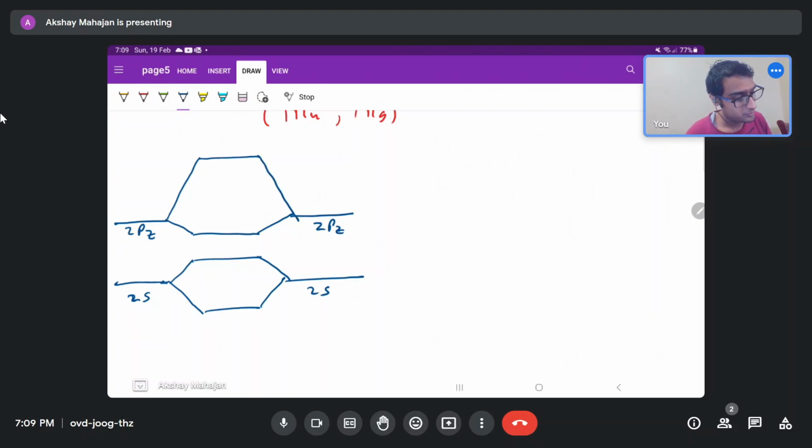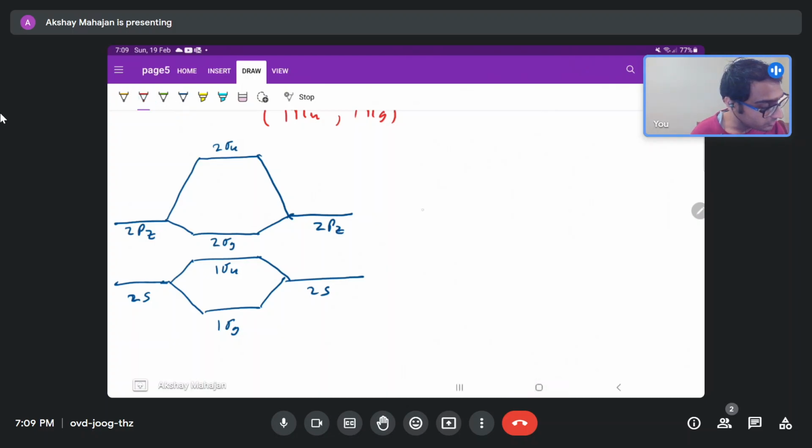Alright. This will be our 1 sigma g. This will be our 1 sigma u. This will be our 2 sigma g. And this will be our 2 sigma u. These will be the energy levels here. Then, for this, we'll draw them with red color.